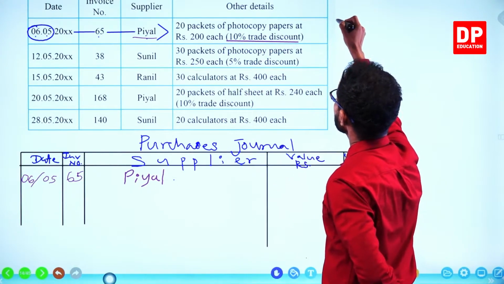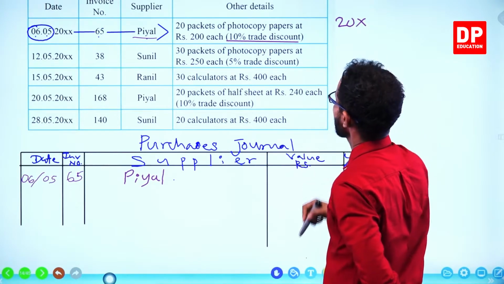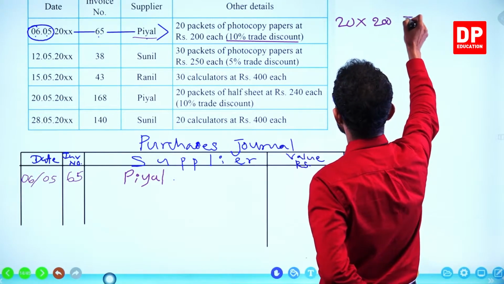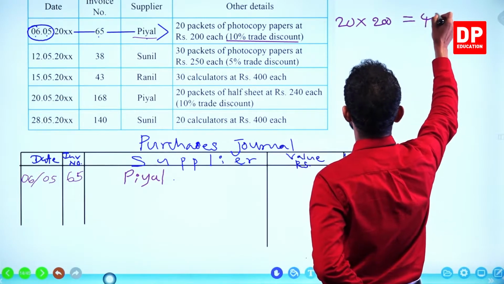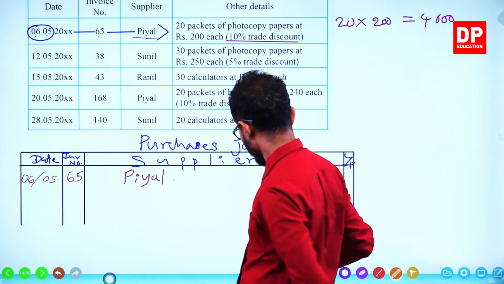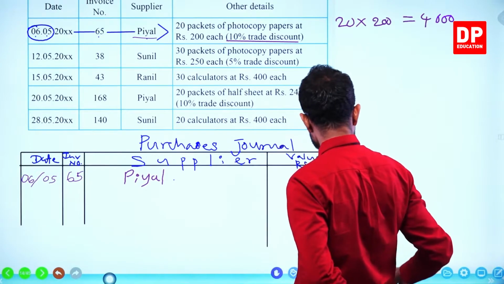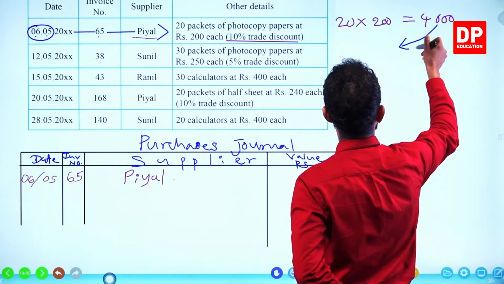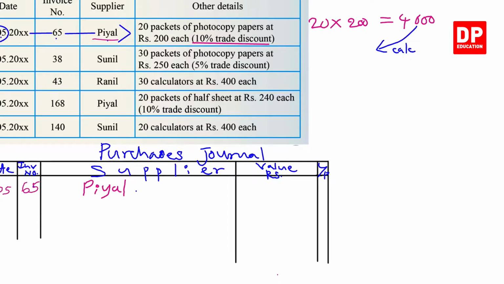Okay, 20 packets of photocopy papers at 200. Answer is 4,000. Okay, and we take the 4,000 to calculate the discount.